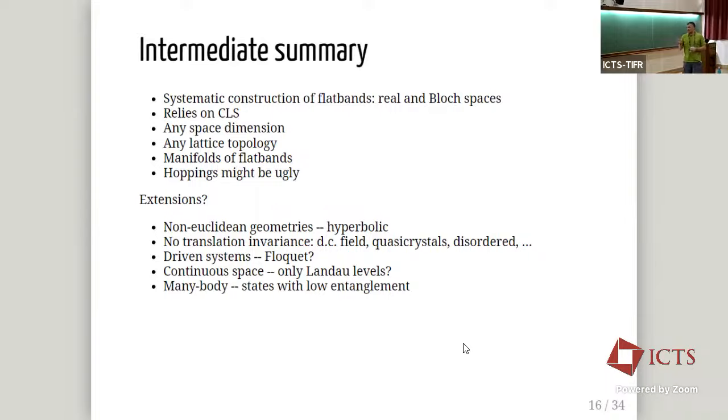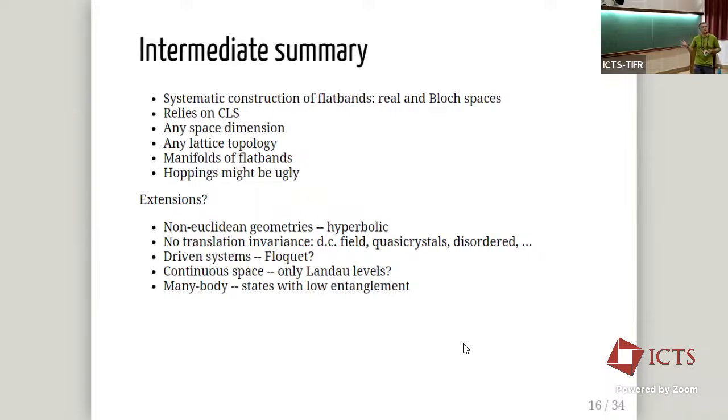So there are several extensions one might think of, for instance, non-Euclidean geometries like hyperbolic spaces, where experimental realizations of, say, hyperbolic versions of the Kagome lattice were made recently, or the absence of translation invariance like the DC field that I have discussed, or quasi-crystals, or even completely disordered patterns. Especially, one question that intersects with the topic of this workshop is driven systems.